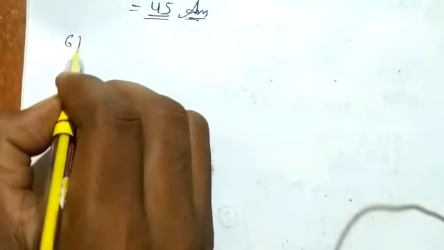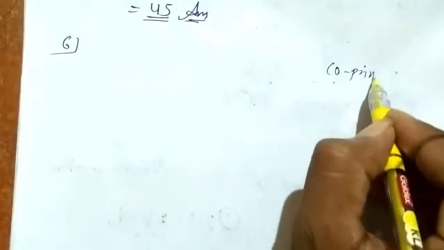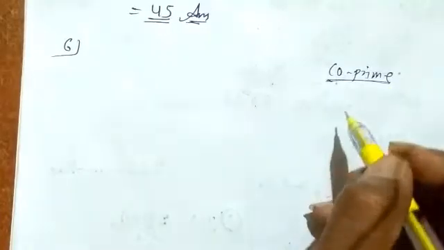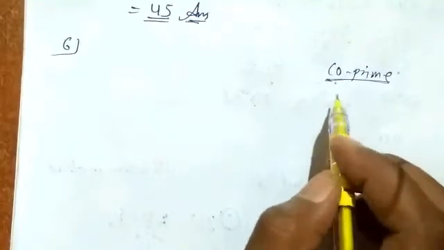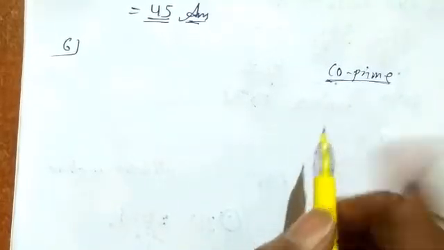Question 6 is, show that 45 and 56 are co-prime numbers. Do you know what co-prime numbers are? First of all, let us get to know co-prime. You have seen that some numbers have only one as the common factor.